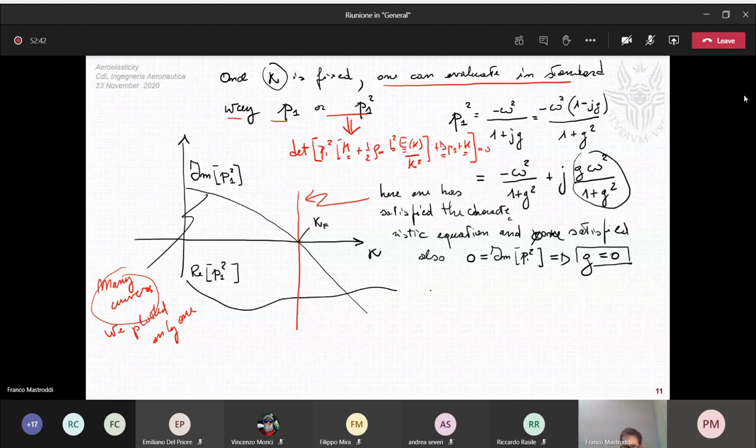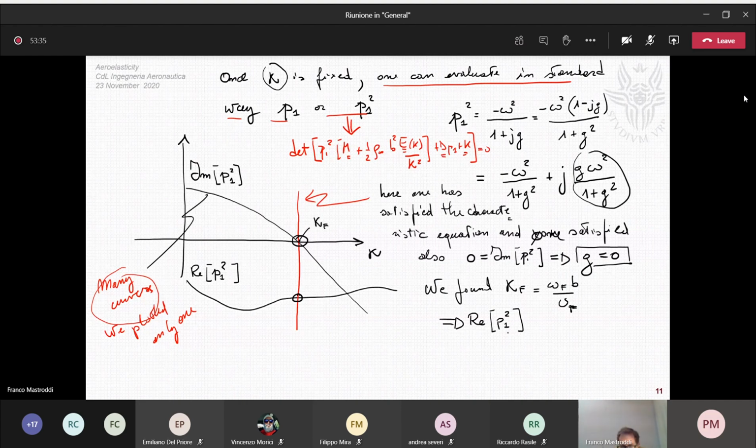So we have found k flutter, and k flutter is omega flutter times B, the reference length, divided by U infinite, U flutter. Also, the real part determined here is equal to minus omega flutter to the power 2.